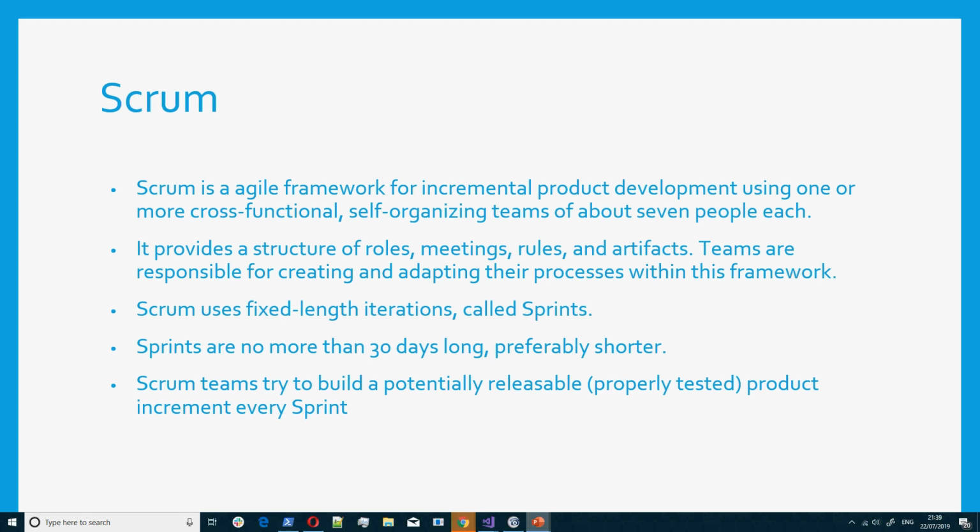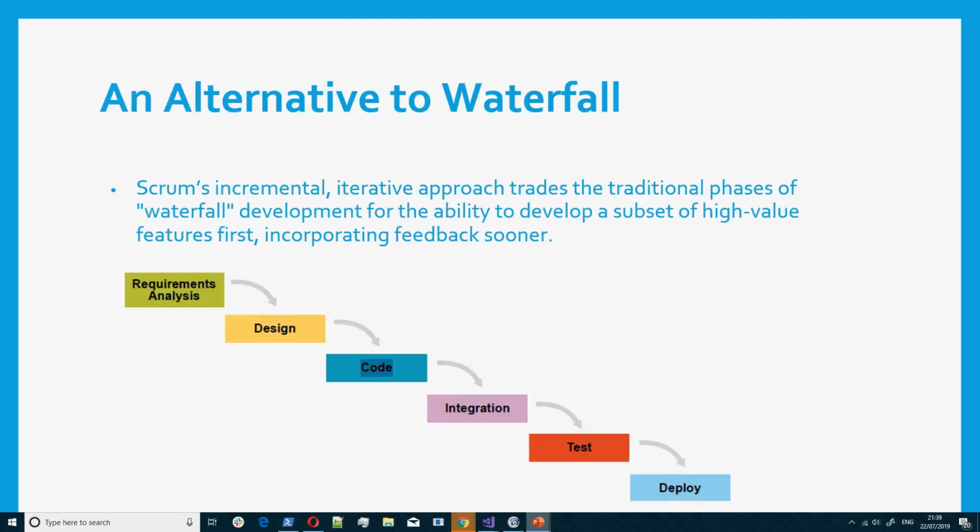And then also you try to release something that is testable at every particular sprint. You try as much as possible to make sure you have a testable product that you can ship out at every sprint.